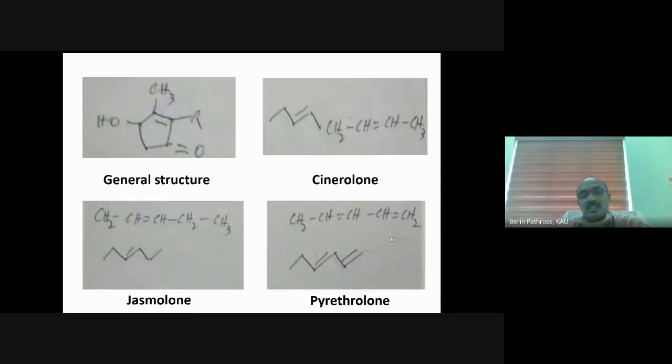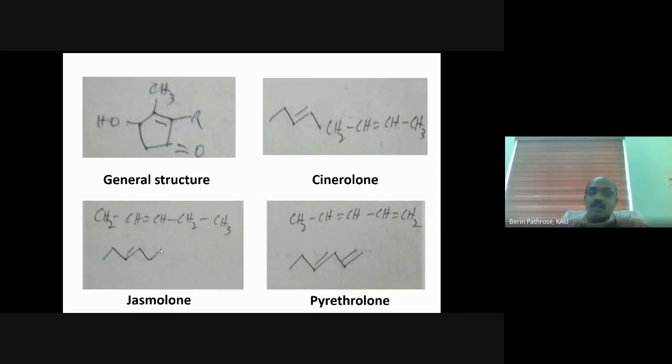In the case of cinnarolone, jasmolone, and pyrothrolone, alphabetically C comes first, so the shorter side chain is attached to it. We have four carbon atoms, CH2, CH, double bond, CH, CH3. In the case of jasmolone, J comes later.